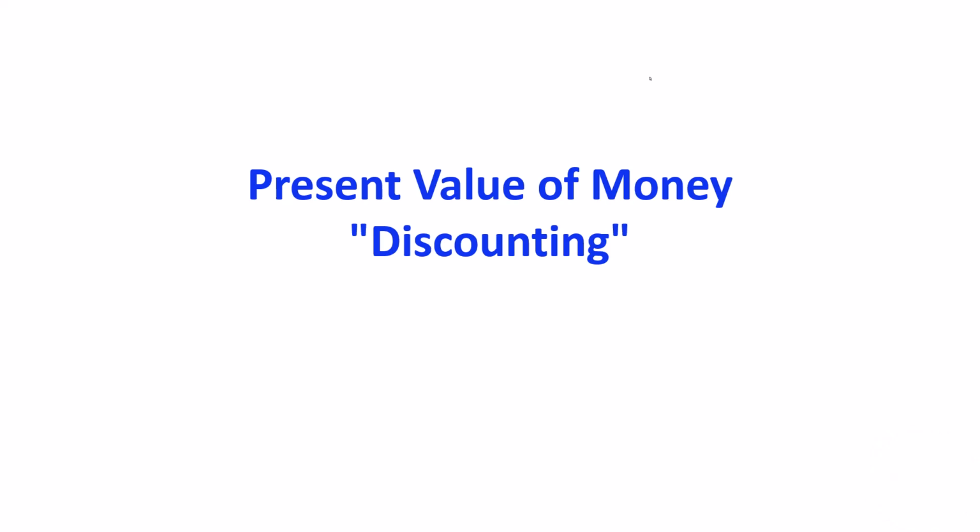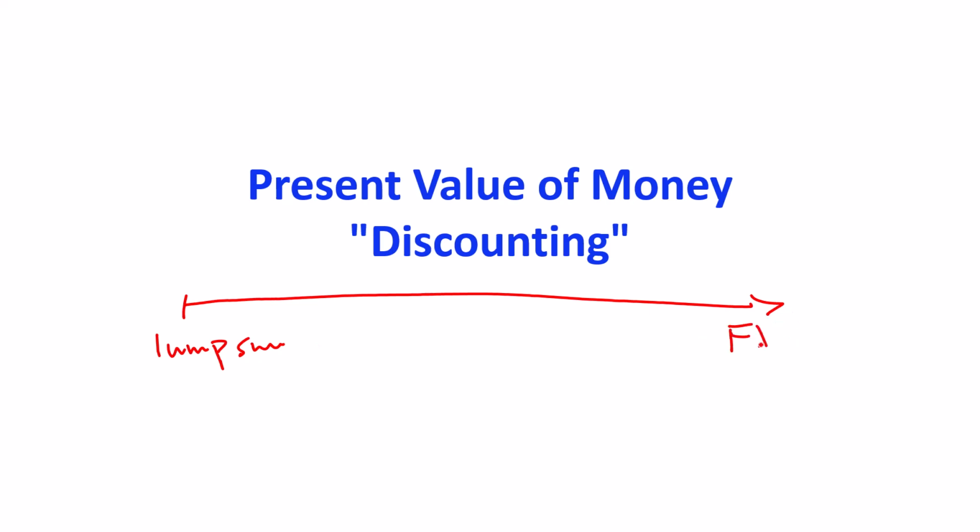In the previous lectures, we saw that in the case of future values, we had a lump sum of cash today, and we wanted to find out the compounded value of the cash flows at some point in the future.